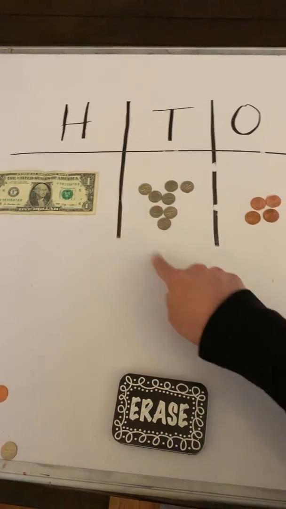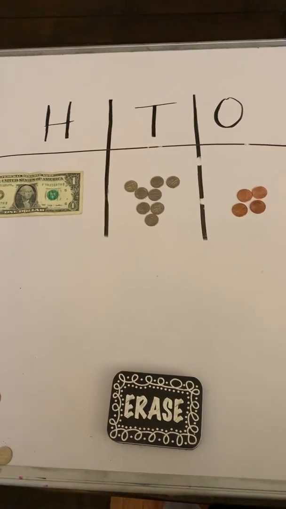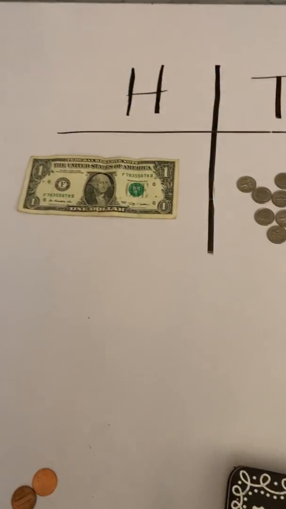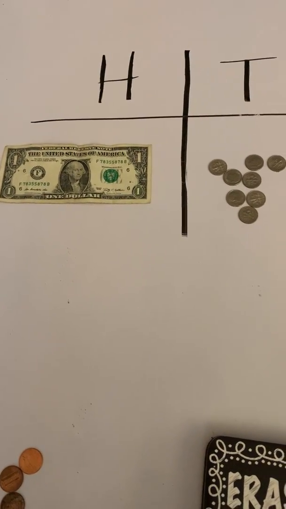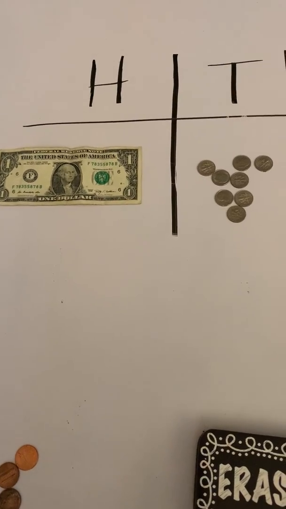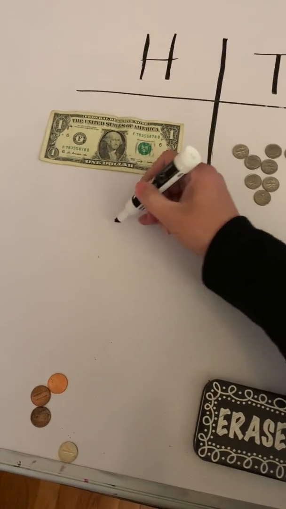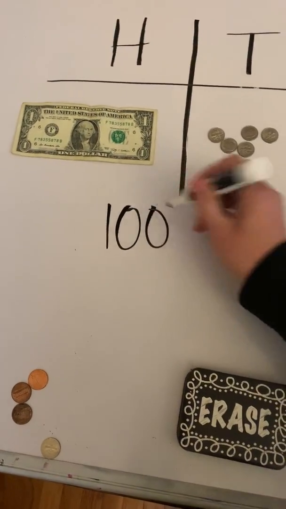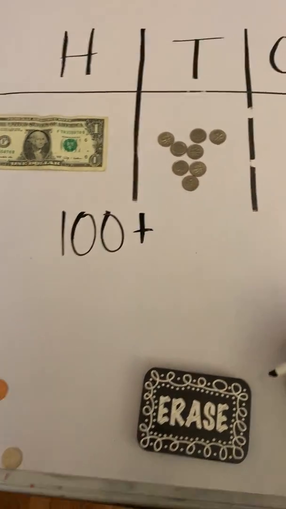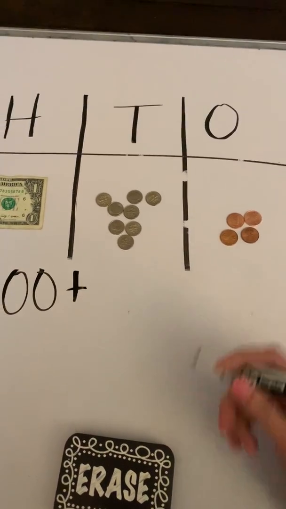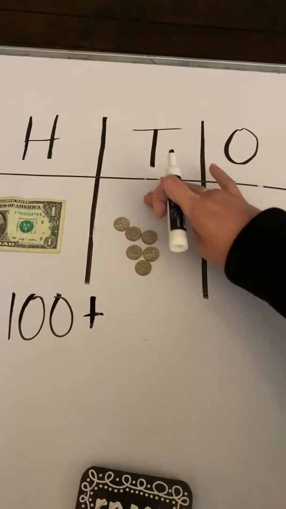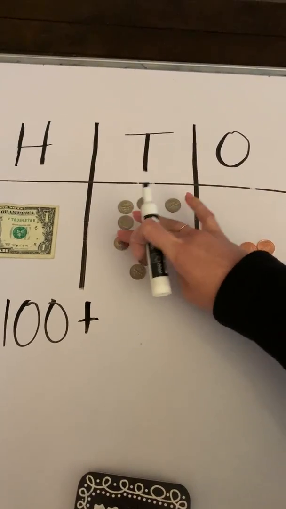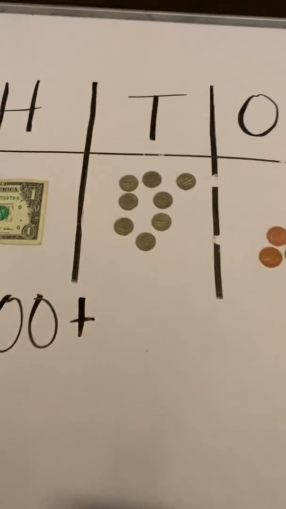So see if you can write this out in expanded form. Under our H, we have $1, which is 100's cube, which is 100 cents. In our tens place, we have, did you count those dimes?